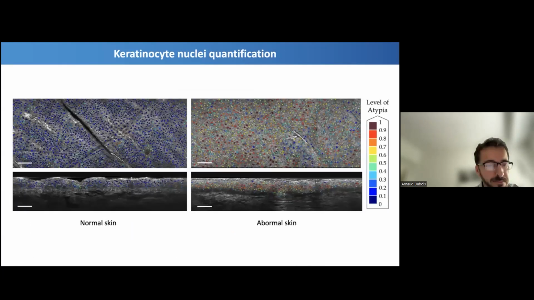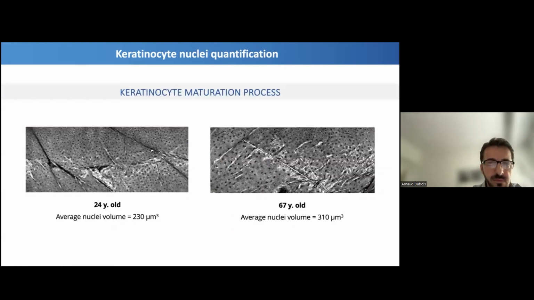For example, here you can see on your left a skin with normal keratinocytes, and on your right, a skin with abnormal keratinocytes with different levels of atypia. The segmentation of keratinocyte nuclei allows, for example, to study the maturation process of keratinocytes with age.